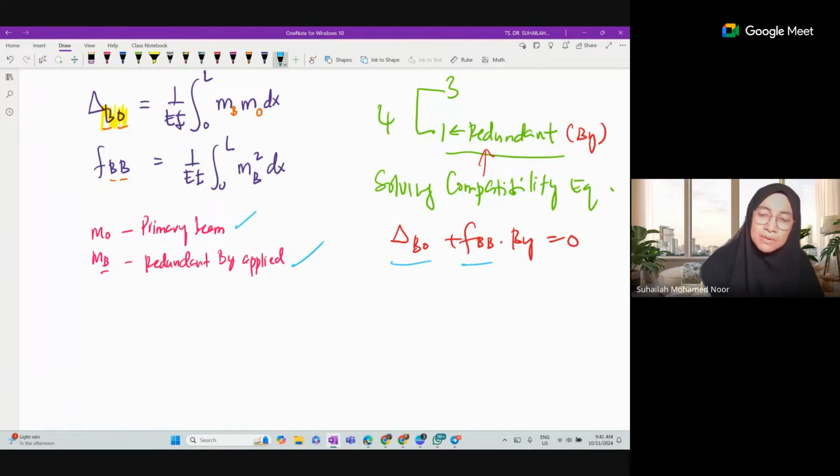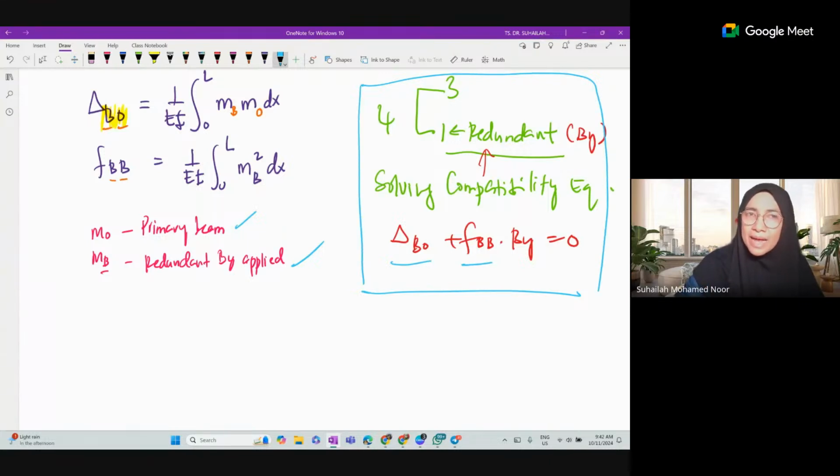This is displacement, right? Displacement we get from internal forces, and internal forces we get from reaction. This is the flexibility method.